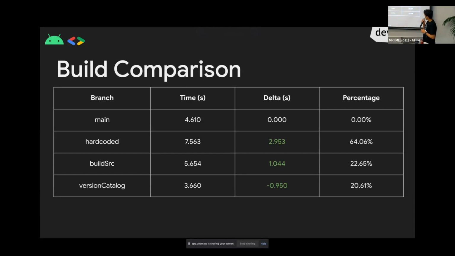Okay, maybe my calculations are a bit off, but you get the point. Just consider this column. Ignore these two columns. Hard-coded is the slowest. buildSrc is faster, but not very fast. And version catalog is the fastest. They're doing exactly the same thing, referencing the exact same dependencies, except in different ways. So version catalog can, in a bigger project, make a huge difference.